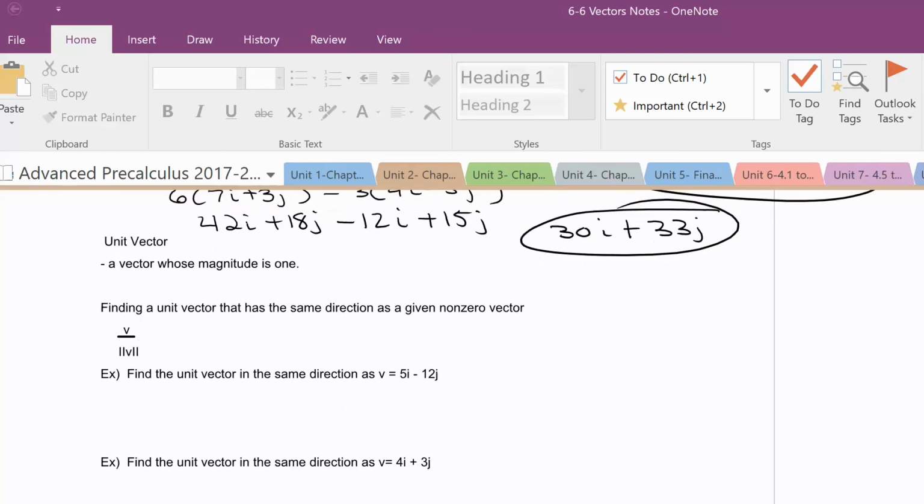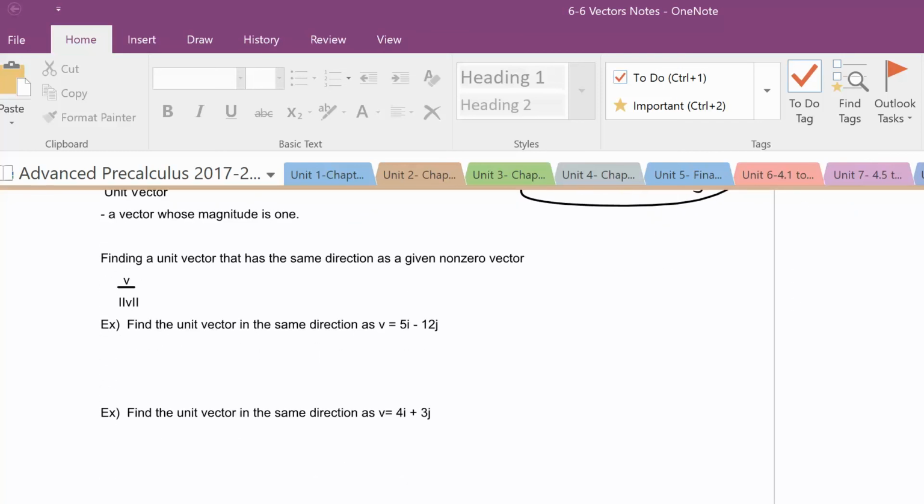A unit vector is a vector whose magnitude is 1. So to find a unit vector that has the same direction as the vector that you're given, you can take the vector and divide it by the magnitude. So if I want to find a unit vector in the same direction as 5i minus 12j, I have to first find the magnitude of the vector.